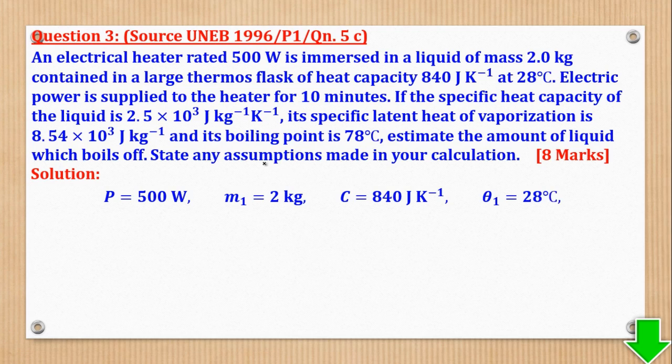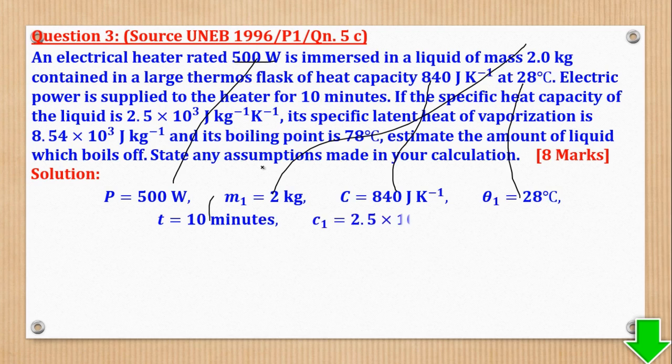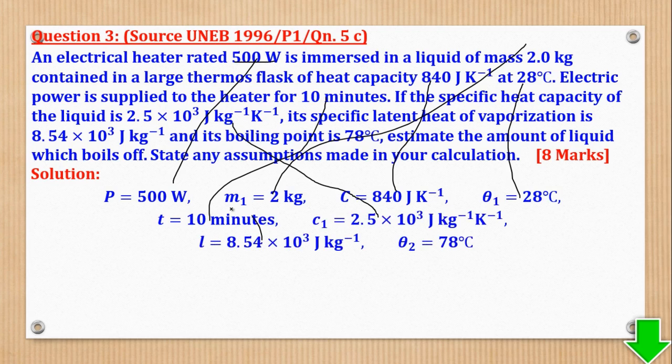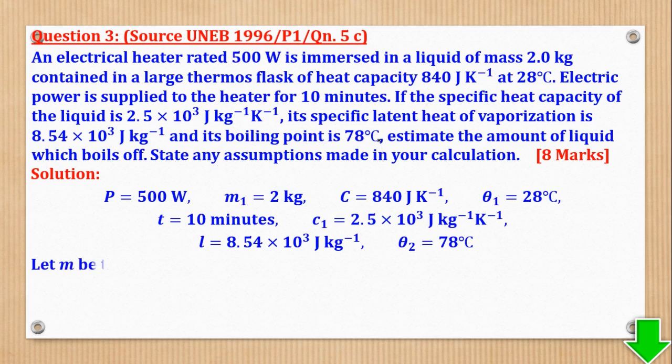Should I first interpret the question by interpreting what was given? Power, this is mass, heat capacity, initial temperature, time, specific capacity, latent heat of vaporization, and final temperature, which is the boiling point. Then we have to illustrate.